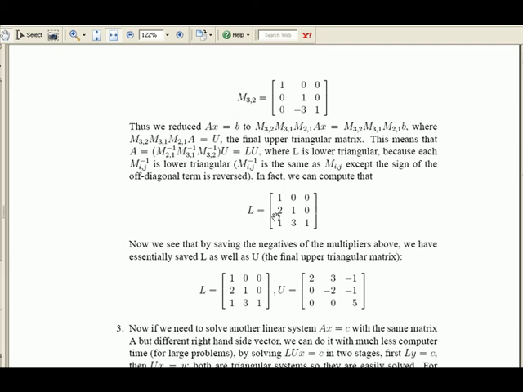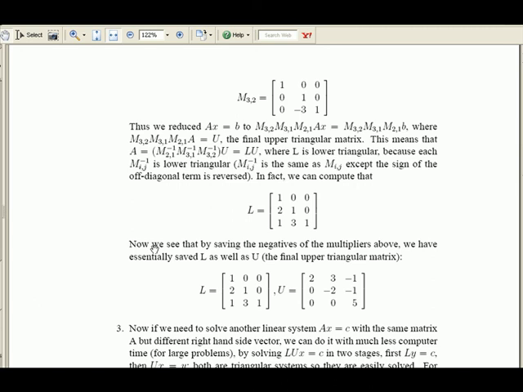In other words, when DLINEQ is finished with A, it's saved the LU decomposition of A. The U is just sitting there, and L is a matrix with ones down the diagonal and the negatives of the multipliers used to knock out each element below it. So basically we have L and U just sitting there.